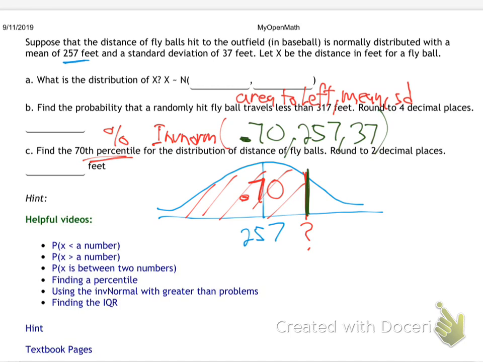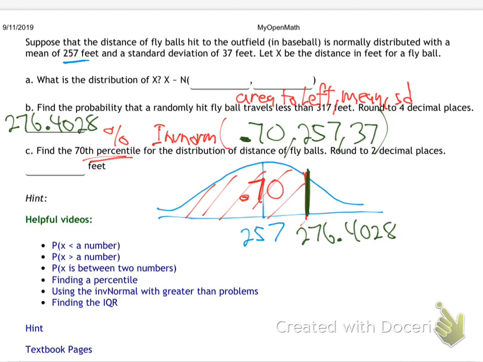I'm getting, what does it want me to do, 4 decimal places. 276.4028. So that means this spot right here is a fly ball hit 276.4028 feet.